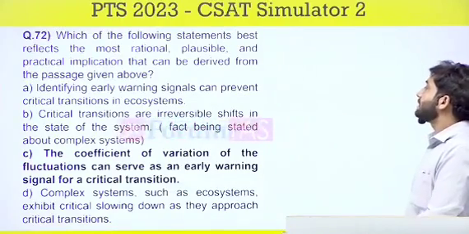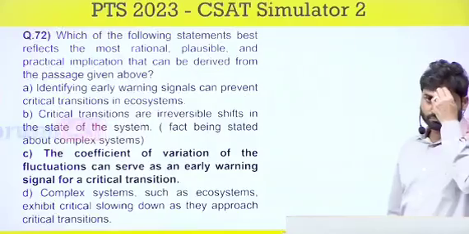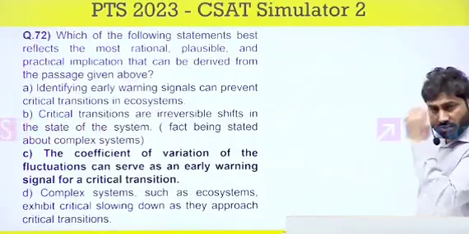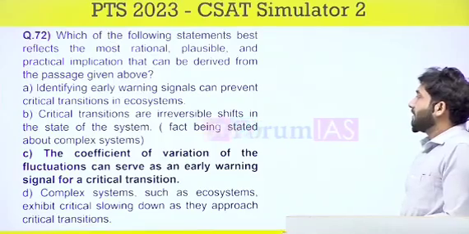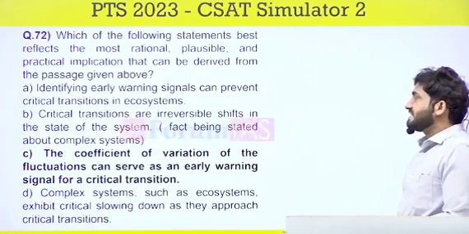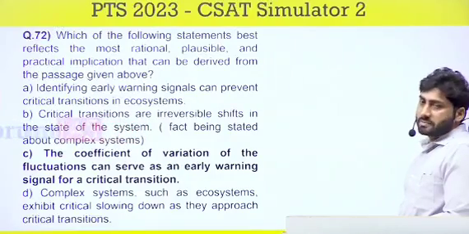Identifying early warning signals can prevent critical transitions in ecosystems, right? That is mentioned. Critical transitions are irreversible shifts in the state of the system. This is mentioned.